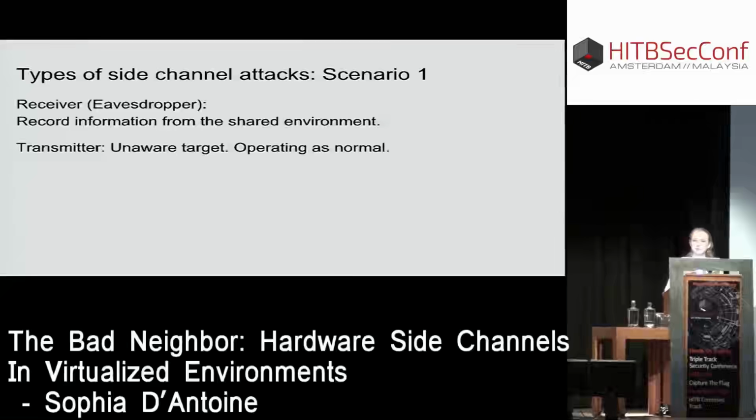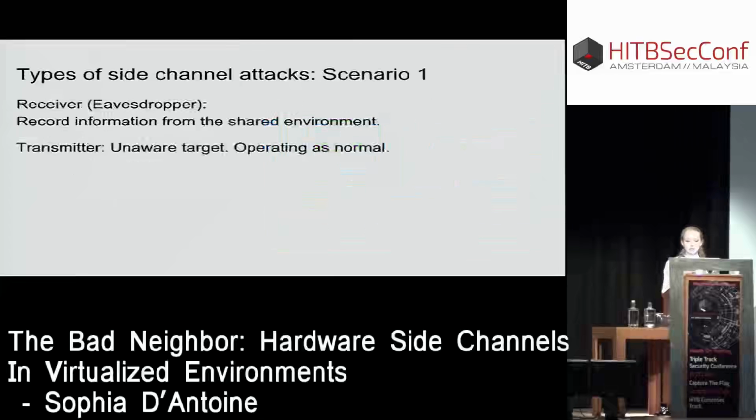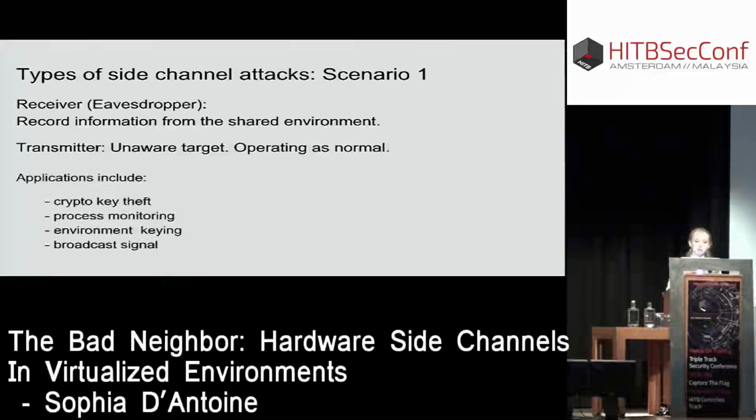All right, so using these 3 different structures, we can form 3 different classifications of side channel attacks. The first scenario is the one I've been talking about up until this point, and that's when your transmitter is unaware that it's transmitting. It's running its encryption processes on a CPU somewhere, unaware that someone's eavesdropping on it.